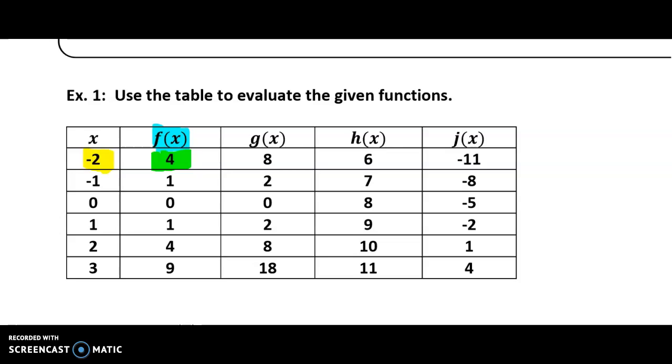What I highlighted in green, because yellow and blue make green, is saying that this is the output value for the function given the input value of -2. So if I took -2 as an input, plugged it into the f of x function, the output would be 4.